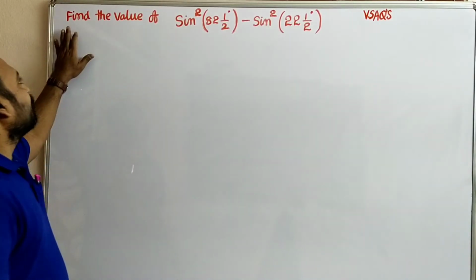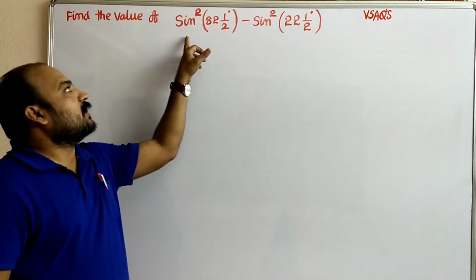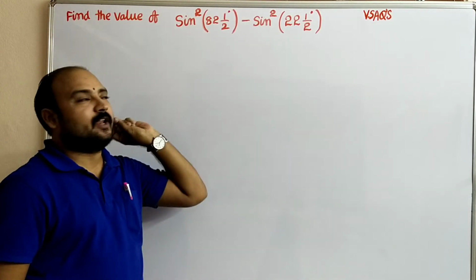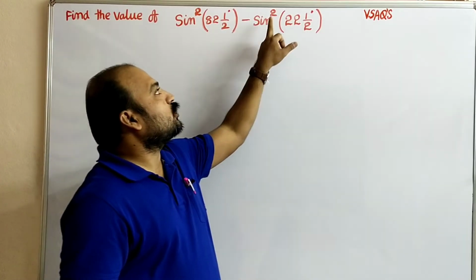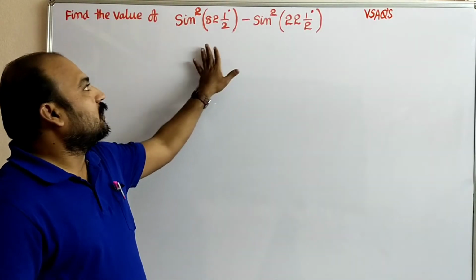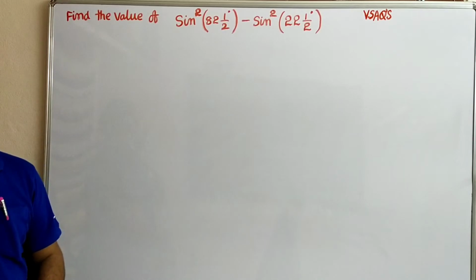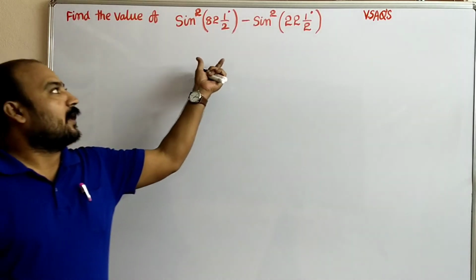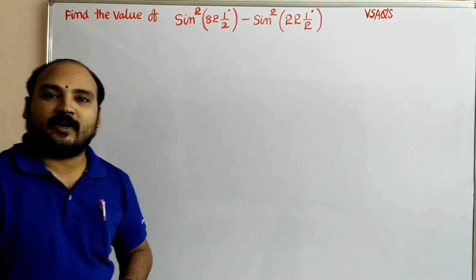The first question. Find the value of sine square of 82 and half degrees minus sine square of 22 and half degrees. So, how to evaluate? Find the value of sine square angle minus another sine square angle.